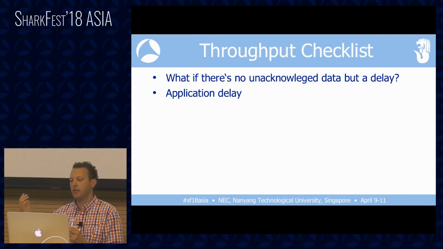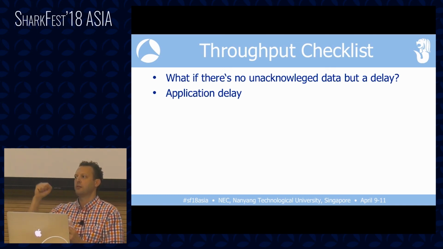If it's having trouble taking data out of the receive buffer, or it's busy doing something, you see this a lot with HTTP. You see a GET request from a client, and immediately TCP on the server ACKs it, just a naked ACK back, saying, I got your request, but that's just TCP. Then there can be a 400 millisecond delay before you see the server response, because the server had to go pull up a file, talk to a database, do a query, do a REST API, something. That's application delay.